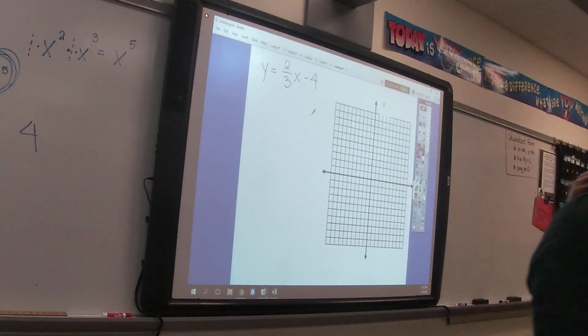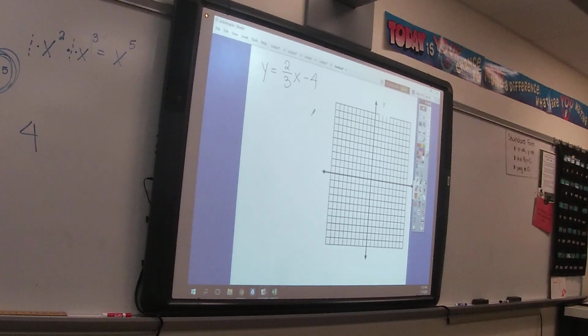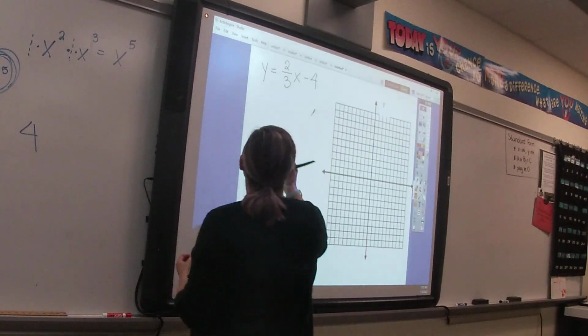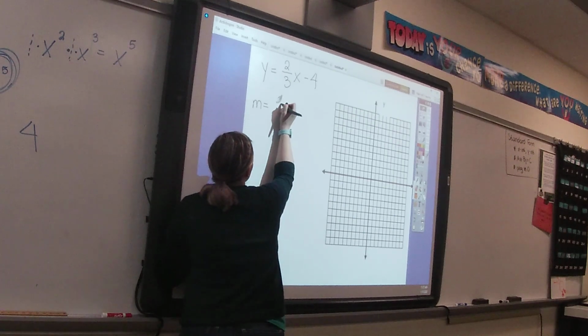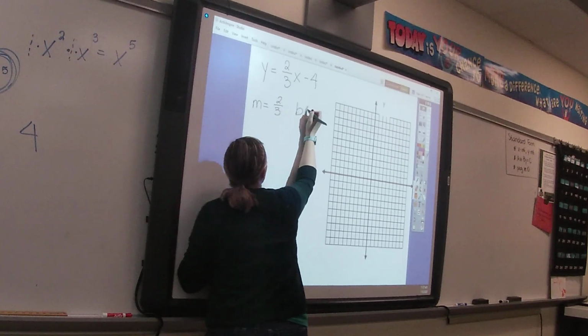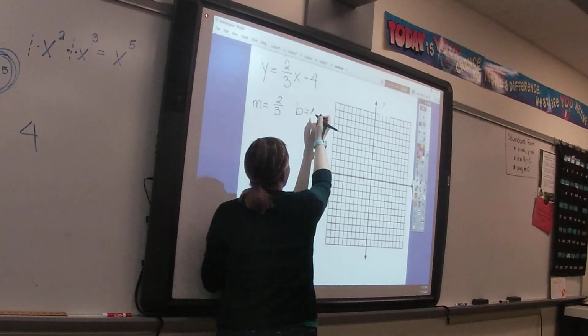What do I need to know? What am I going to need to use? So if we're looking at slope-intercept form, what are our 2 important things? Okay, so we're going to find our slope. What's our slope? 2/3. And we're going to find our intercept, which is -4.